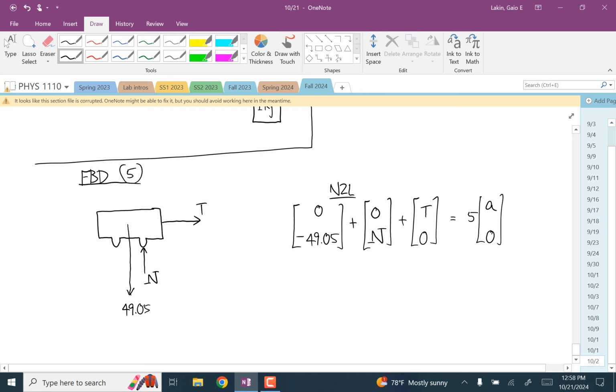And so I get two equations. The x equation says T is equal to 5a. And the y equation says negative 49.05 plus N is equal to 0.